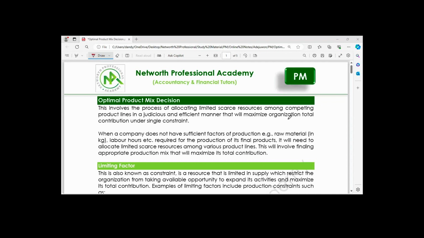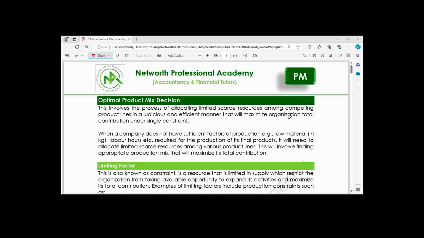Then we are going to solve several scenario questions. Under this, we are going to solve about 4 illustrations. One will be for a regular question. Then a scenario whereby you are given minimum allocation.